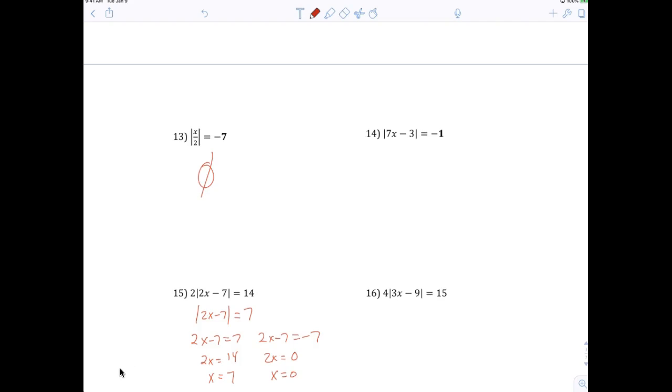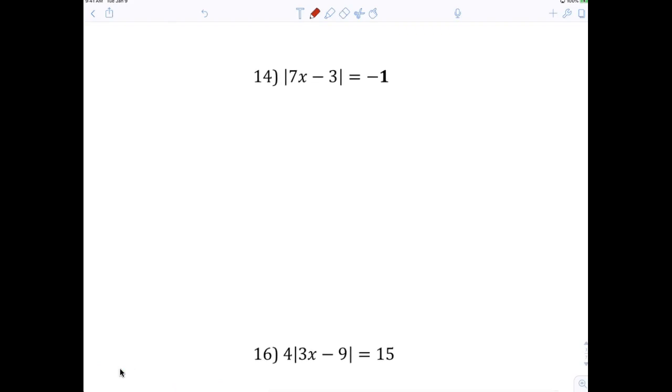Absolute value can't be negative. So 13, that's why it's no solution. That's why I'm doing the evens. Evens and odds are pretty much the same. So what's the answer to 14? No solution.